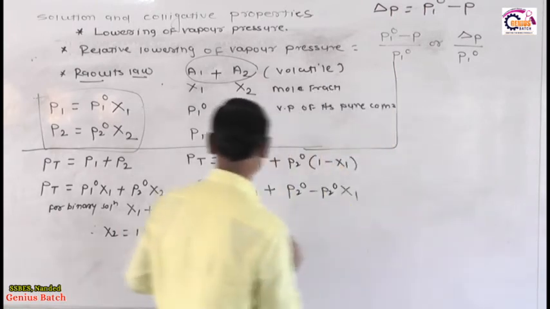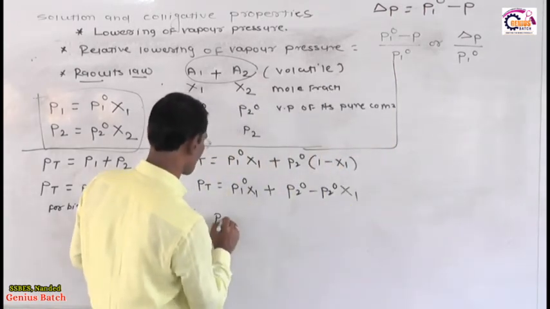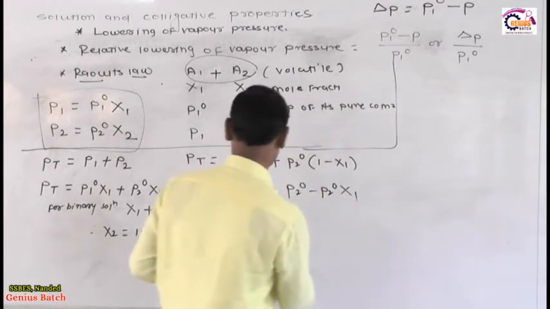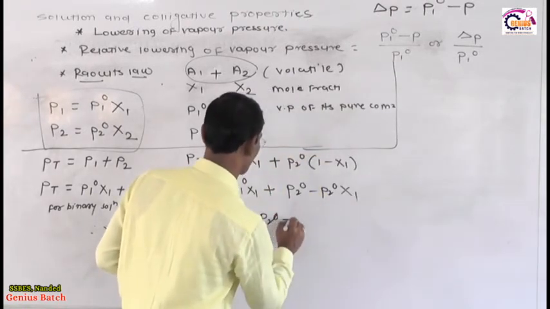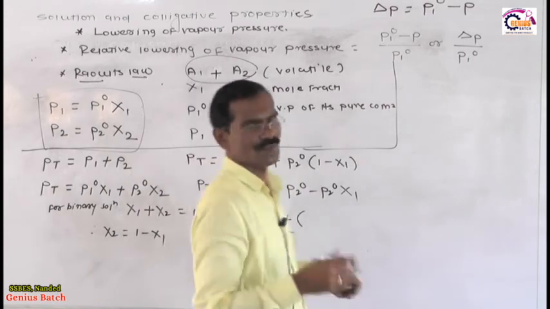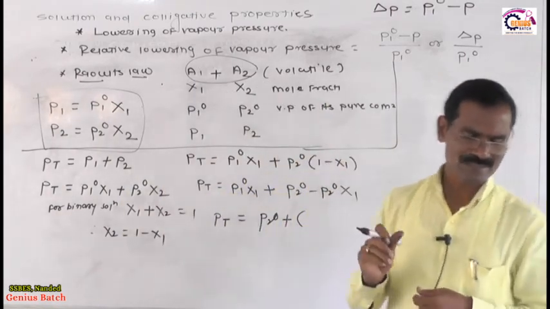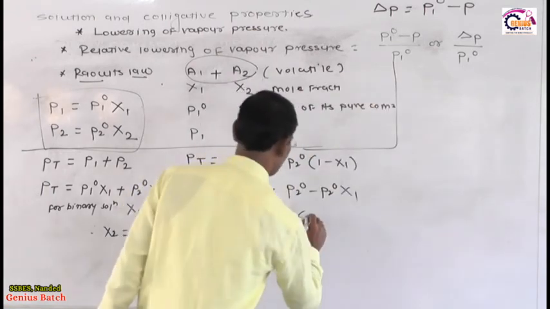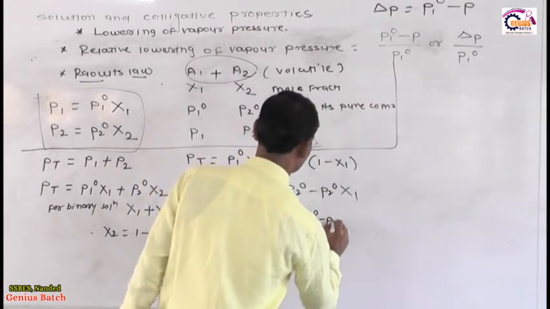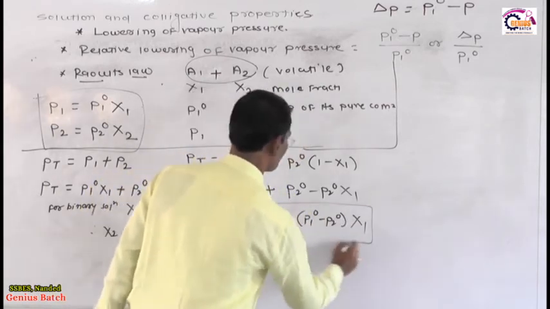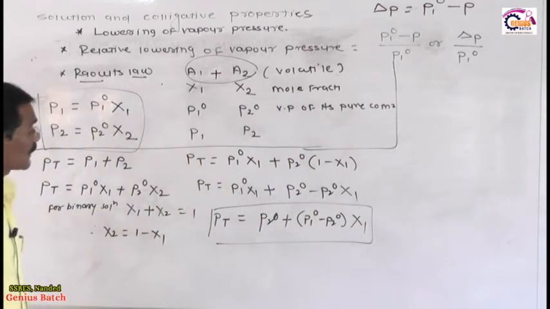So you solve this equation, and the total pressure is equal to P20 plus, in bracket, P10 minus P20, into x1. This is the final expression required. This is the way we calculate the total pressure.